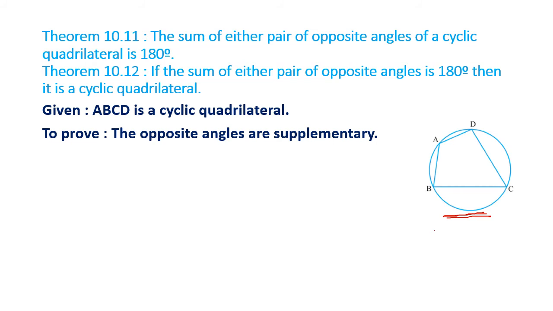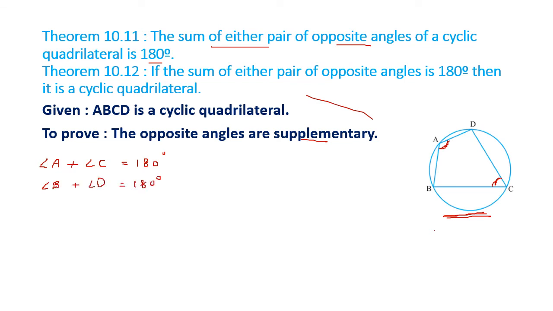So from this cyclic quadrilateral, we are given a new theorem. What new theorem? The sum of either pair of opposite angles is 180. So in a cyclic quadrilateral, the opposite angles, angle A plus angle C should be 180. So we have to prove that angle A plus angle C equal to 180 degree, means they are supplementary, or even angle B plus angle D equal to 180 degree.